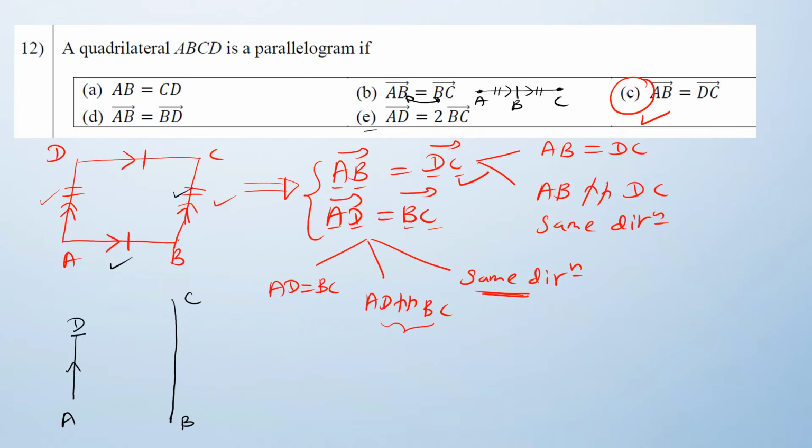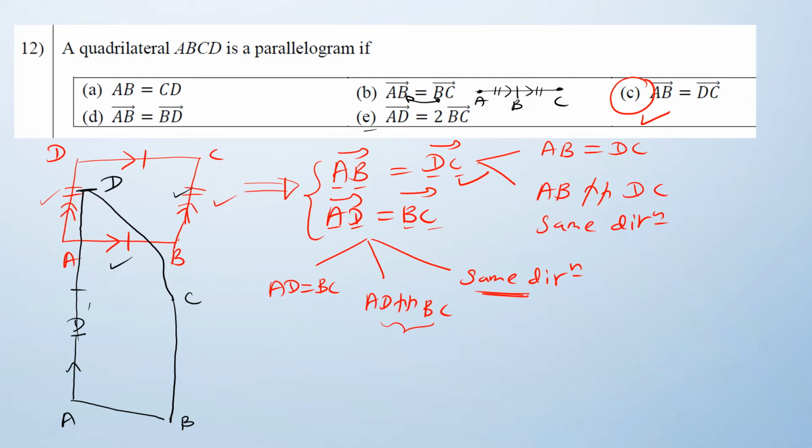So AD will be somewhere here, BC two times. Then here we have D. Right? So it is obvious the opposite sides are not equal in length. So E is not the case.